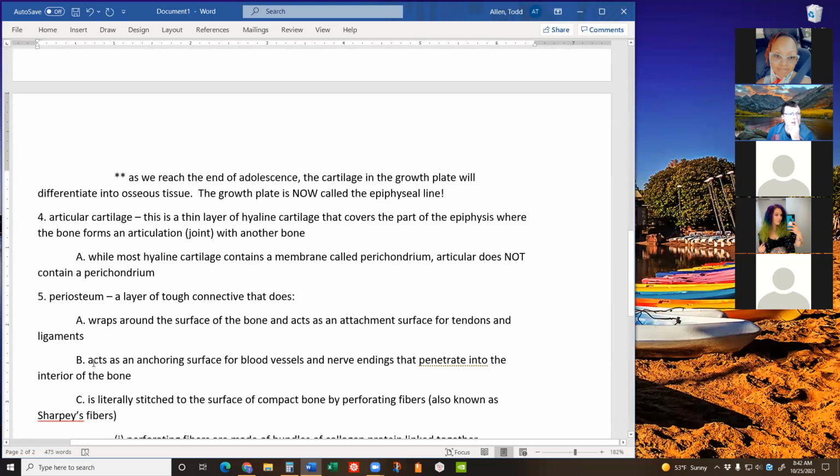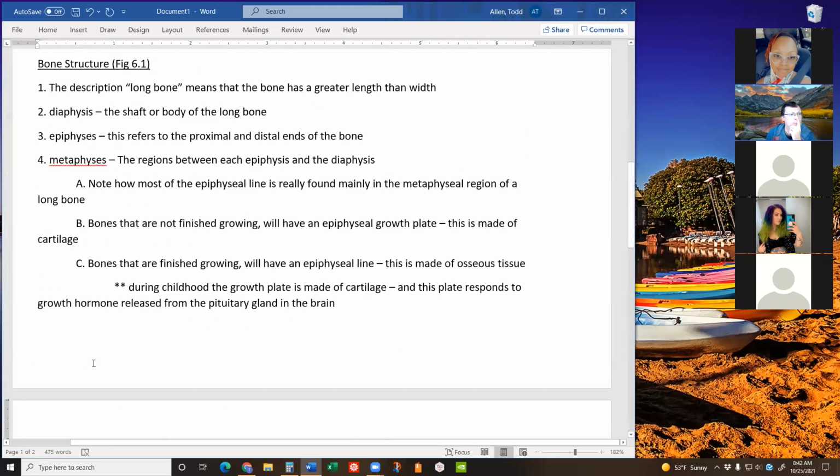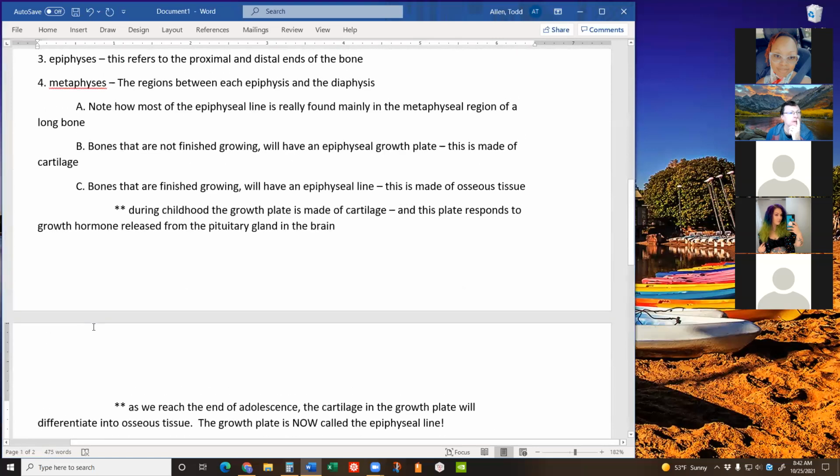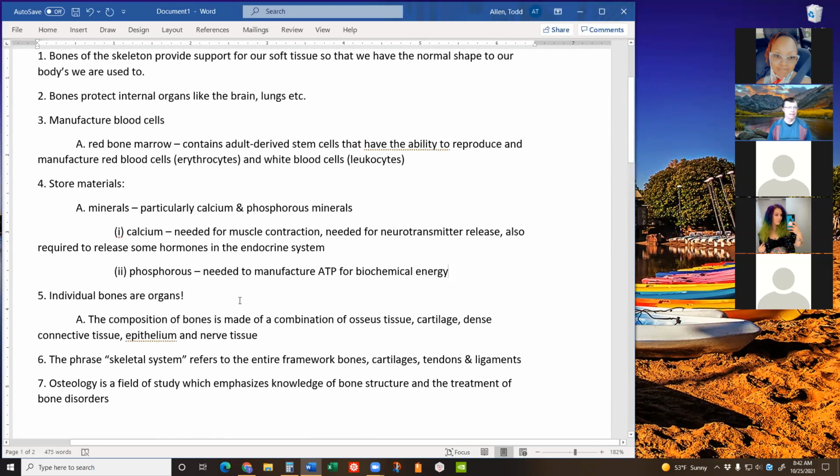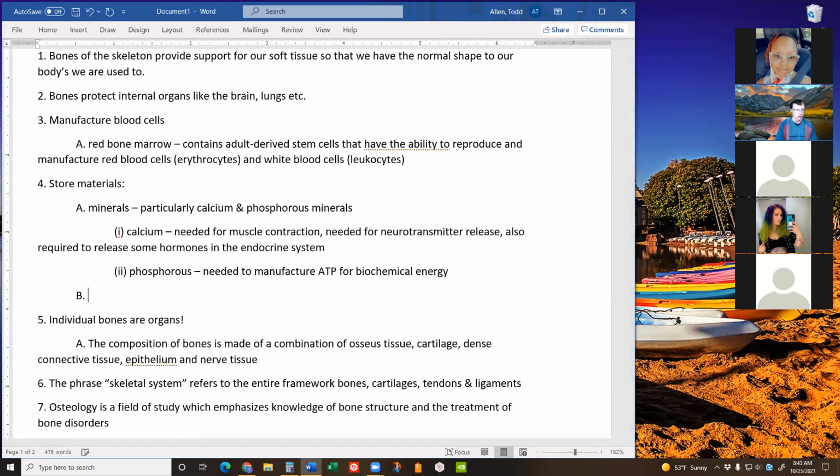Let's see, I just want to be sure I had something in your notes. Okay, I did miss it. Up here in our notes, when we started today, I said that bones store materials, letter A is minerals, and I went on to some description of calcium and phosphorus. The other thing I forgot to put here, I'm going to correct that right now, is that your bones actually store triglyceride, so biochemical fuel, right?